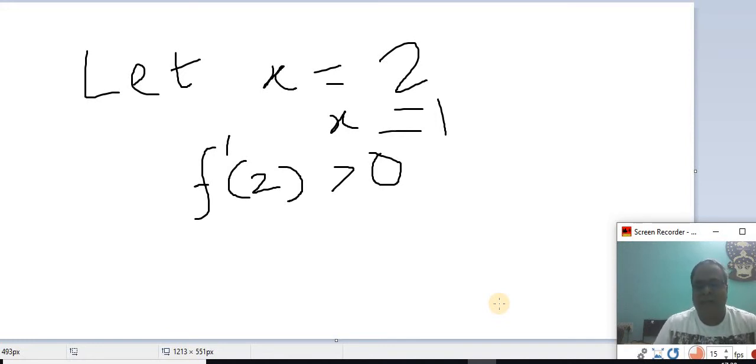Gradient descent comes into the picture when some functions cannot be solved using the calculus method. At that time we take a random number, say x is equal to 2, and calculate f dash 2. Any number you can take. Let us assume we have taken x is equal to 2.